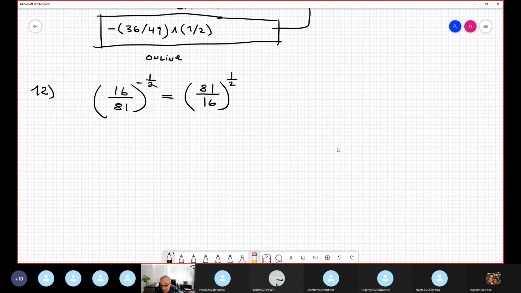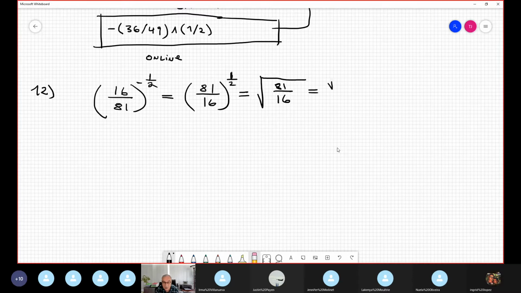Yes. Now I convert to radical notation. 81 over 16. And remember, this indicates the invisible 2 here, and this one is the invisible power here. So the algebra style is when the 1 is a power, it's invisible, and when the square root index is invisible, then it's because it's 2.